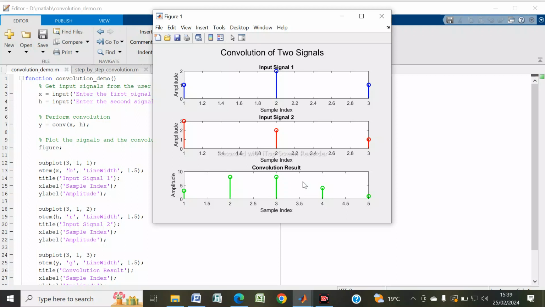It's been late, but it shows that the first signal we give is 1 2 1, and the second signal we give is 3 2 1. And when we convolve them, we will get the convolution results right here.